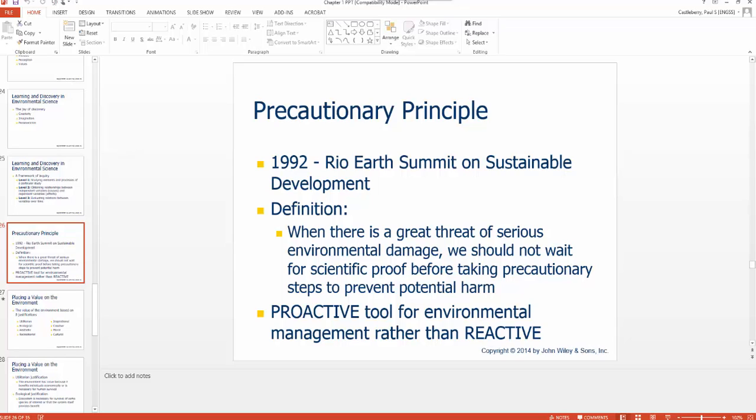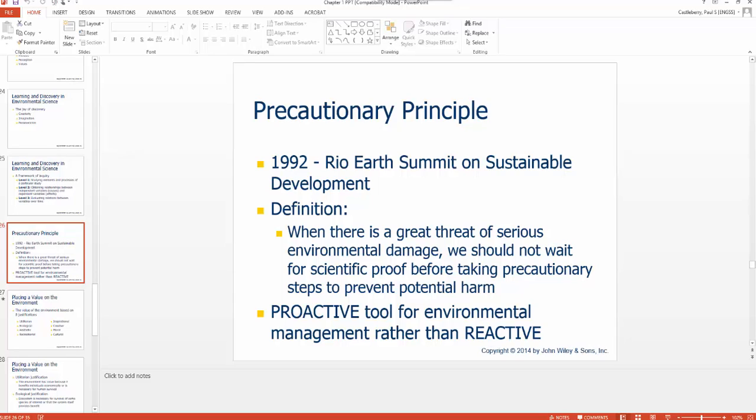So in other words, when we have a situation, and I will just use global climate change because it's something that has been in the news for the last 30 years and is a current event with the recent conference in France back in December.